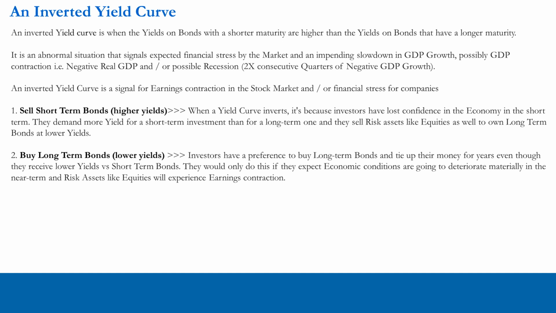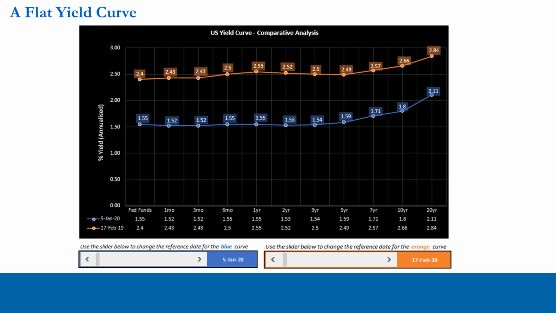We have what we call a transition period. This is when yield curves go flat, so they can go from being normal, positive and upward sloping to flat and then inverting, or they can go from inverted to flat and then normal, positive, upward sloping.